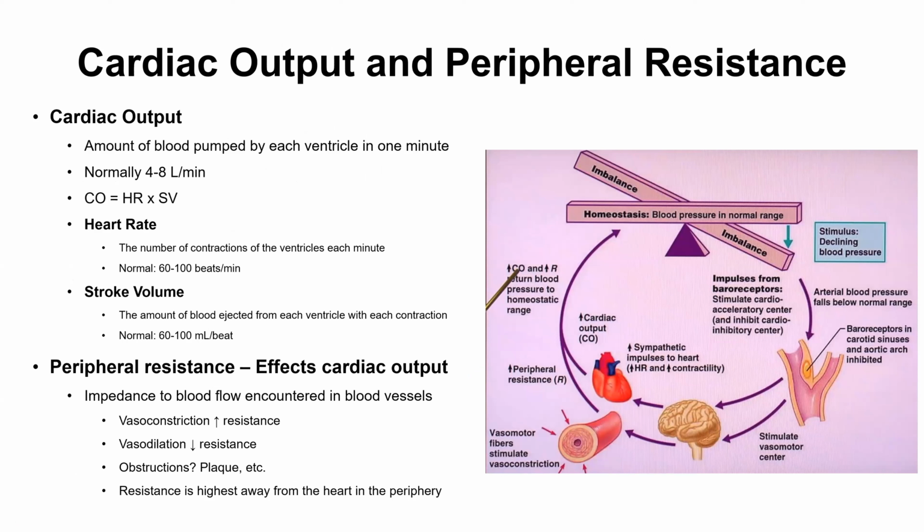So cardiac output, by definition, because I like to give you guys definitions here, is the amount of blood pumped by each ventricle in 1 minute. And the normal value for this is between 4 and 8 liters per minute, which is basically equal to our blood volume.